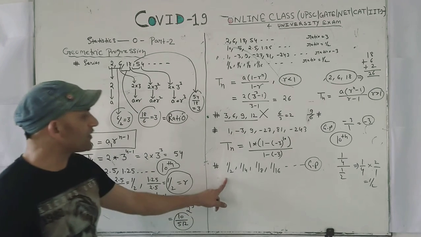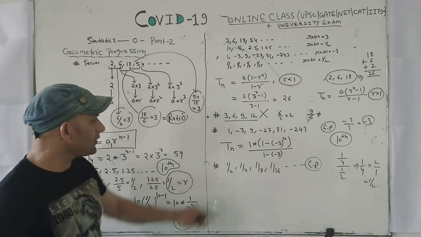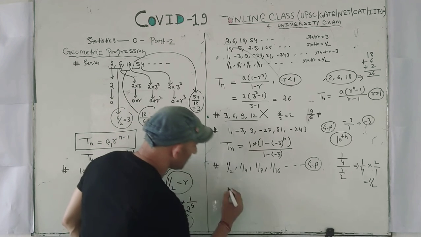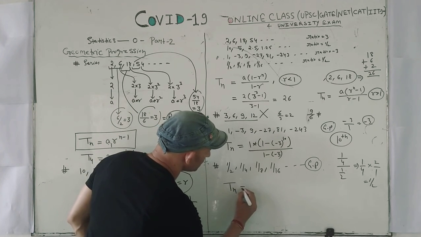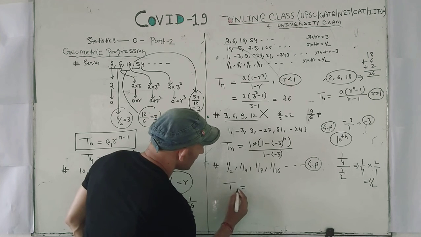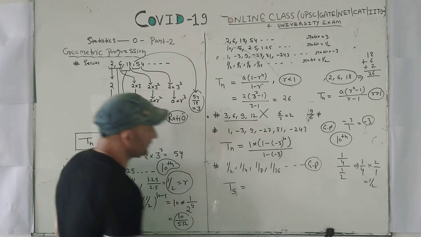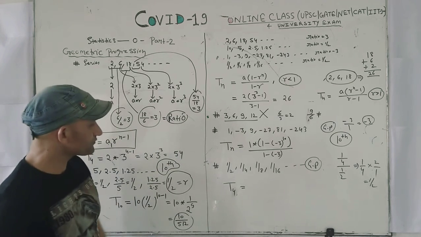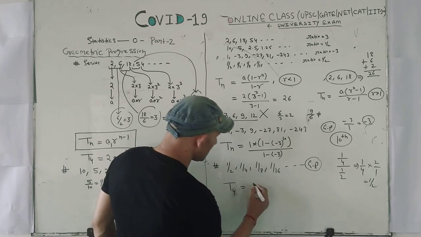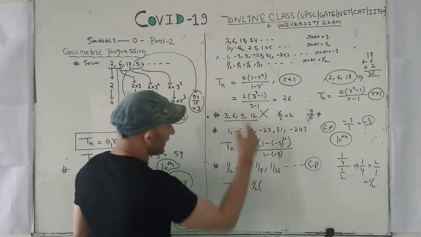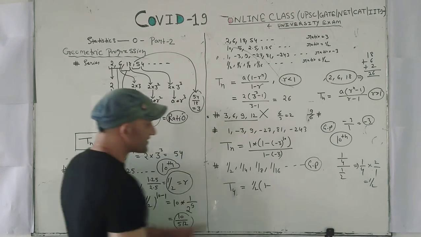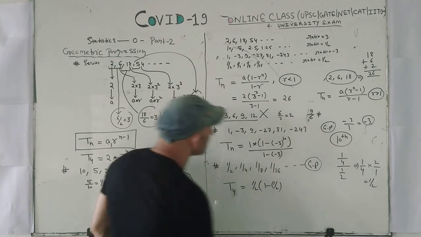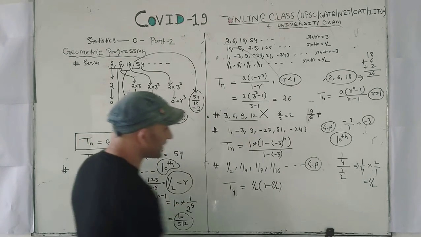If this is GP, now he is asking the sum of all the numbers. So again you will use this formula. Suppose he is asking T4. So your A is 1 upon 2, and R is less than 1, because it is 1 upon 2. So you will use 1 upon 2 here. Now n is 4.